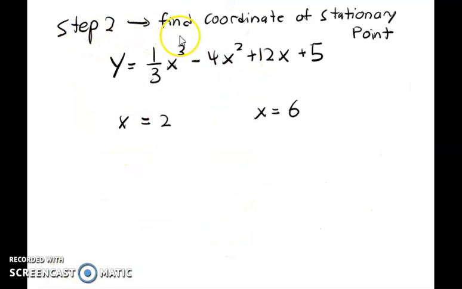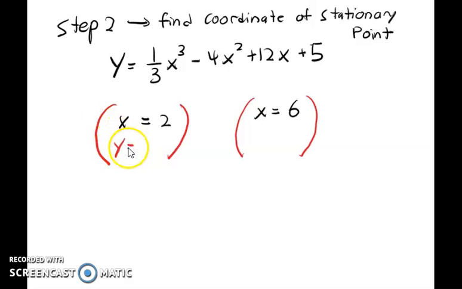Step 2 is to find the coordinates of the stationary point. In the earlier process we got the value of x. Now we have to find the value of y. We take the value of x, 2, and substitute into every x to obtain the y value.